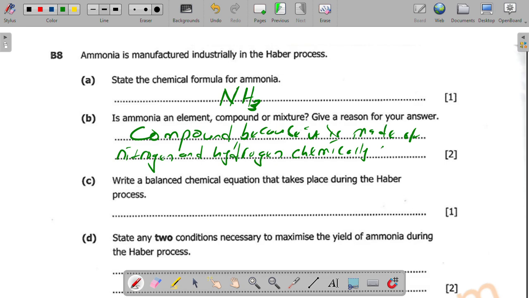Chemically combined or bonded. Okay, so ammonia is a compound.